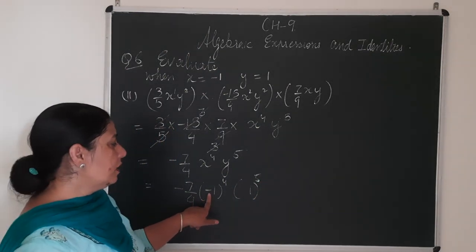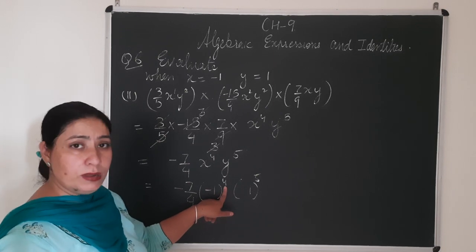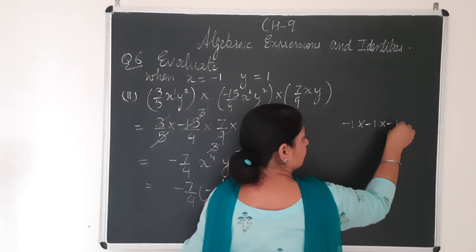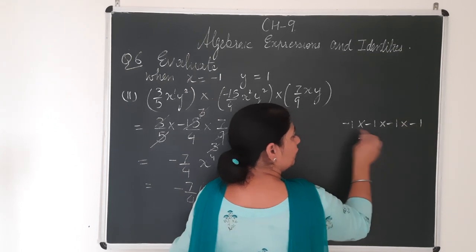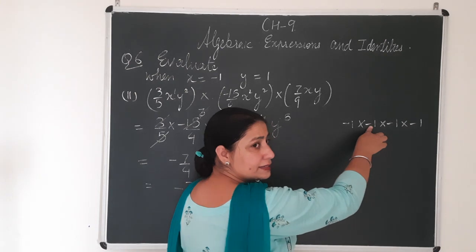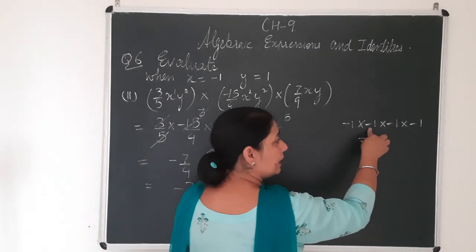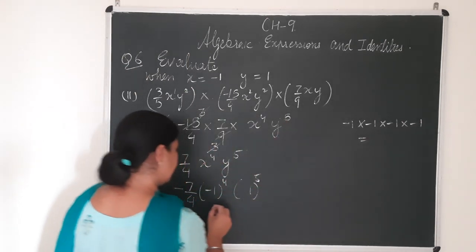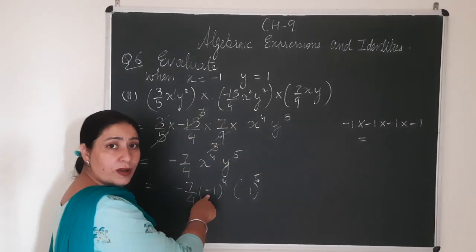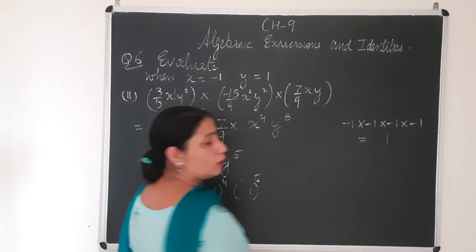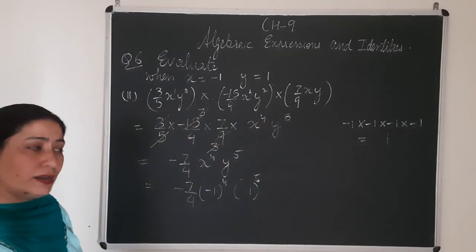Now, you know that minus 1 power 4 means that you are multiplying minus 1 four times. Yes? So when you multiply minus 1 four times, beta, minus into minus, as I explained, was plus, again plus into minus, minus, minus into minus, plus. So that means the answer of this will be 1, and 1 multiplied as many times will also always give the answer 1.